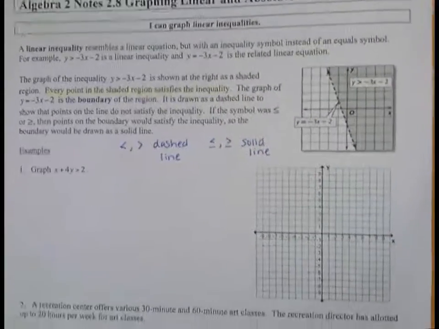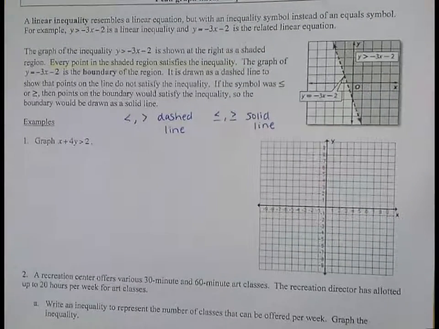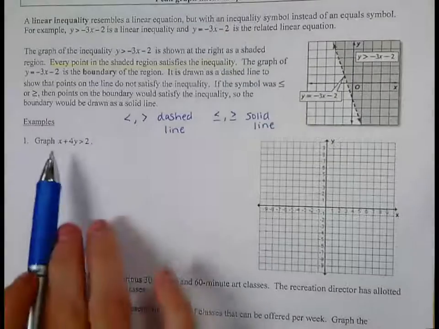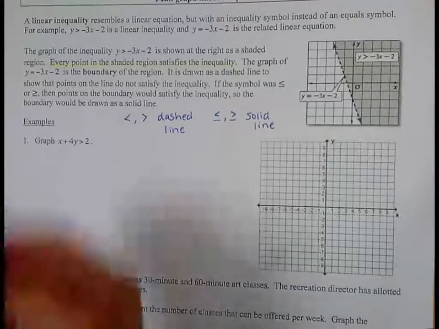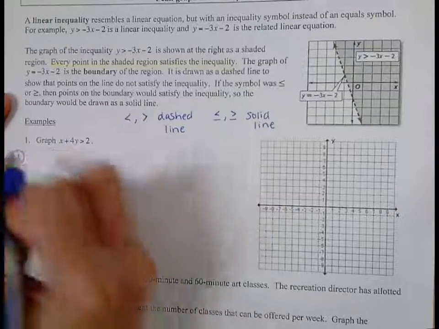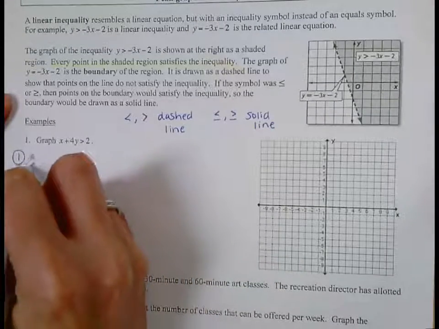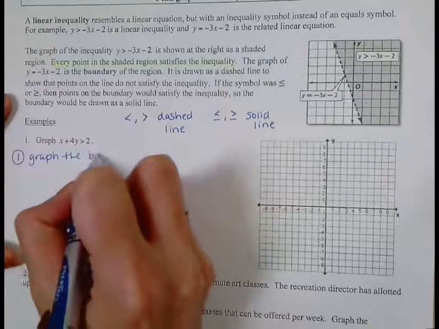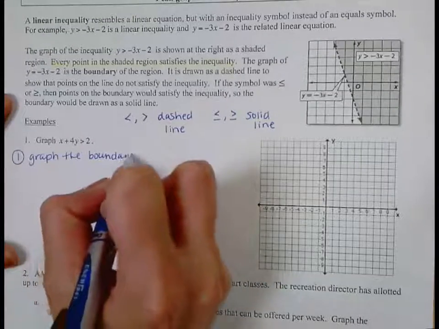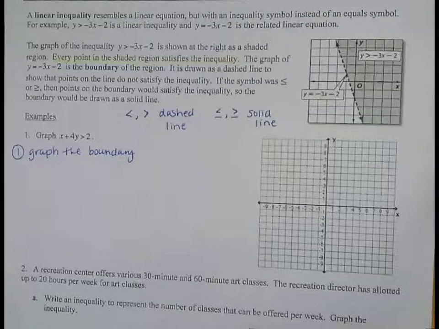So we will get to an example. Example 1 is to graph the linear inequality x plus 4y is greater than 2. The first step is to graph the boundary, which is the related linear equation.